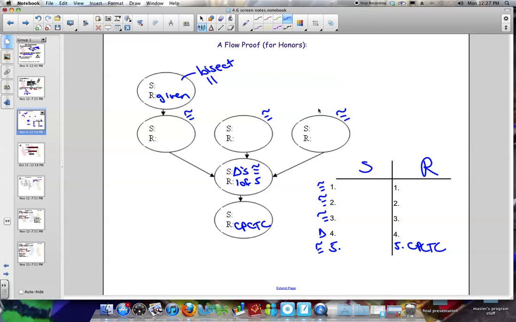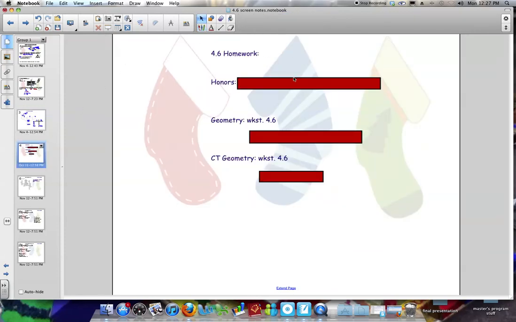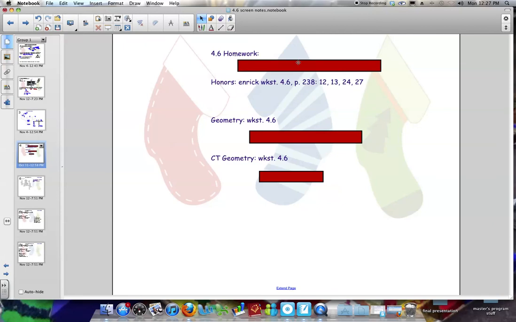You fill in your 3 congruent parts and your reasons, whether it's given, reflexive sides, or vertical angles. Then that leads you to your triangles being congruent, which then leads you to be able to use CPCTC. It works exactly the same as a 2-column proof. It's just a different visual aid. If you are in honors, your homework is such.